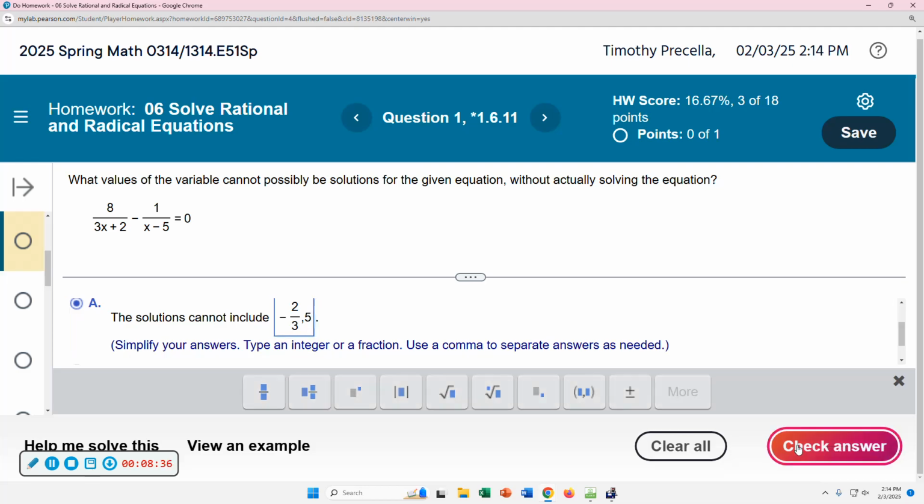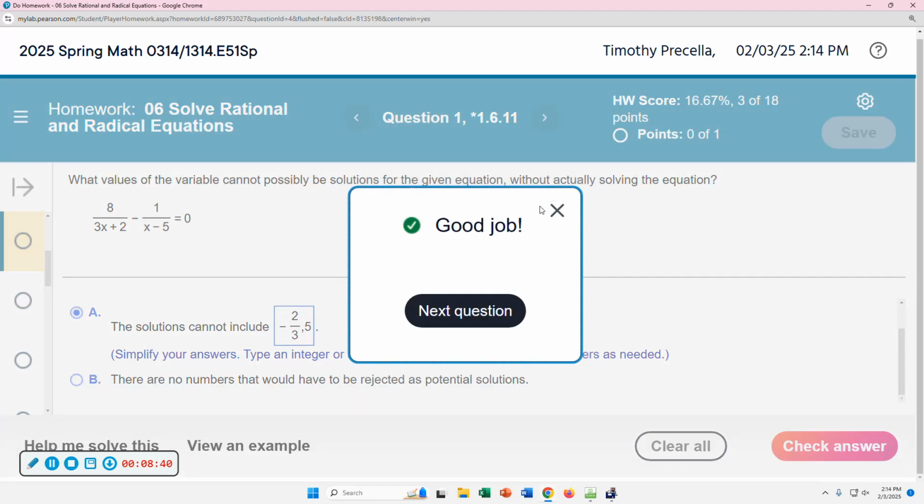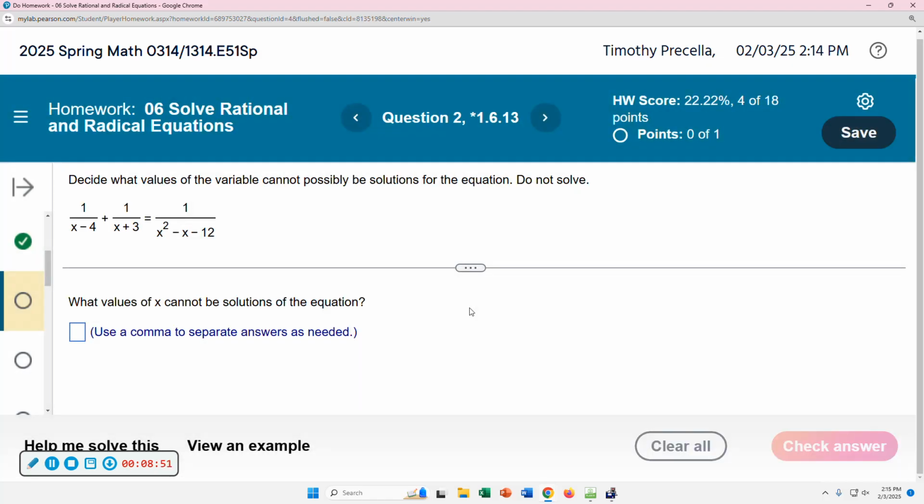Just make a habit. Never type a comma in a denominator. Any questions there? So these are not solutions. Those are the numbers that, if you were going to guess, can't possibly be solutions.